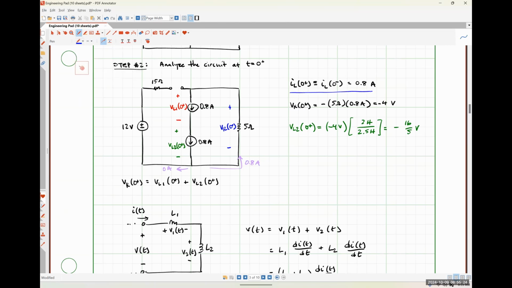We didn't need to do any work whatsoever to determine our inductor current at 0 plus, because whatever it was at 0 minus, it has to be that. There is no other choice, okay? We then used that inductor current to figure out what was going on in the rest of the circuit at t is equal to 0 plus. So that's more of what I'm interested in for you guys, okay?